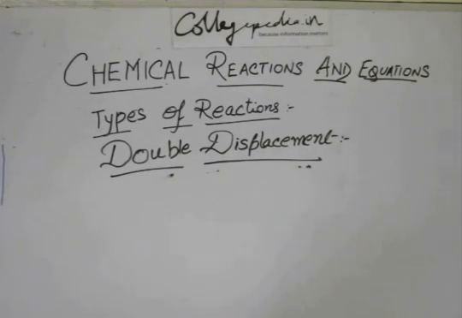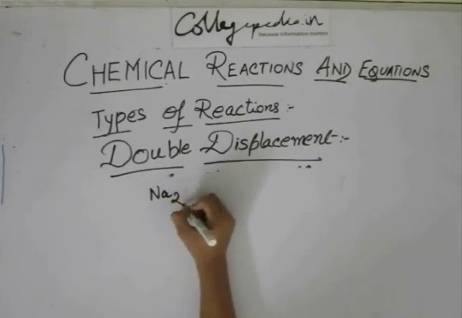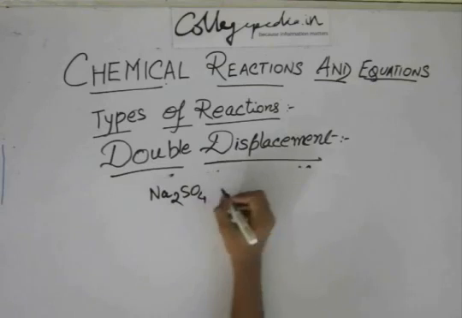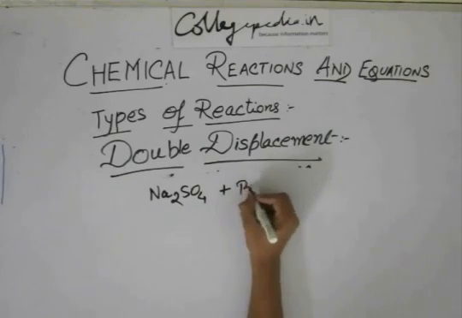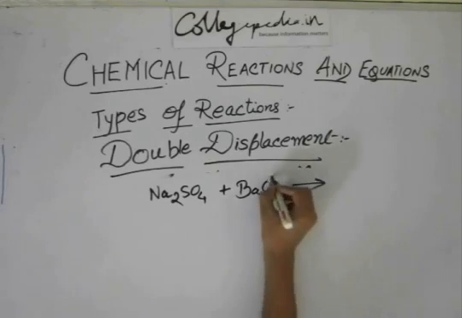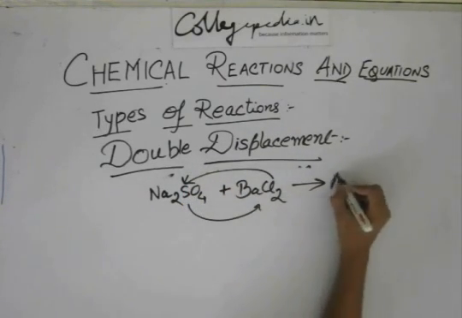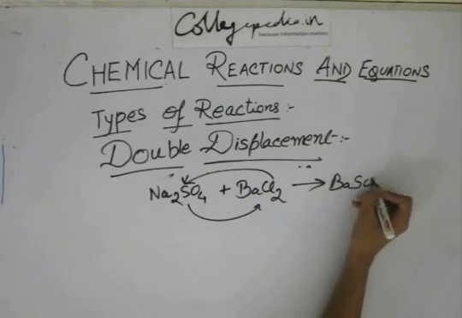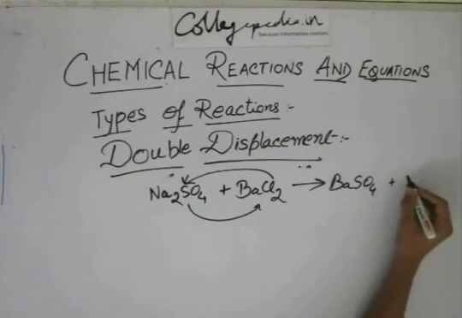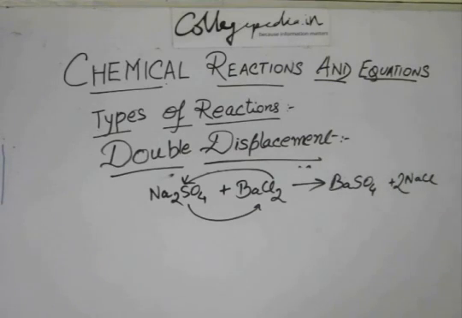Give you an example. Suppose you have Na2SO4 and you have barium chloride. These two will just change their radicals. This will become BaSO4 and this becomes NaCl. And for balancing you just need a 2 over here.